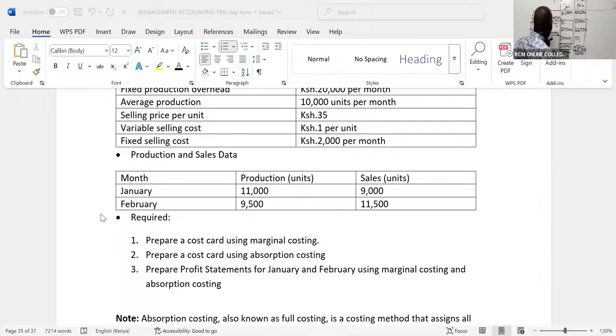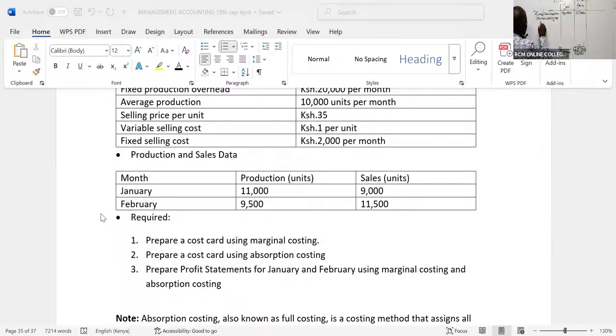Let me actually write up here. So I have my gross contribution, 90,000, and then we have 115,000, isn't it? And then we come under less the variable selling costs.